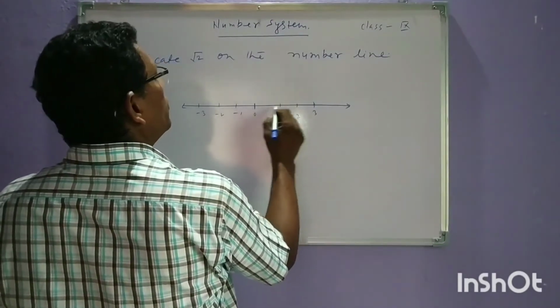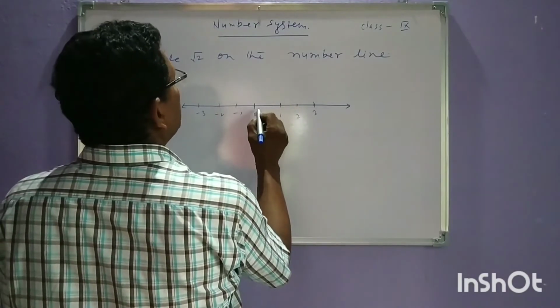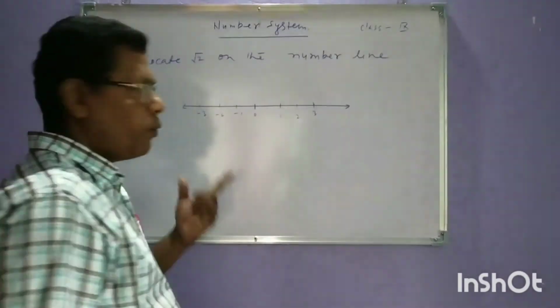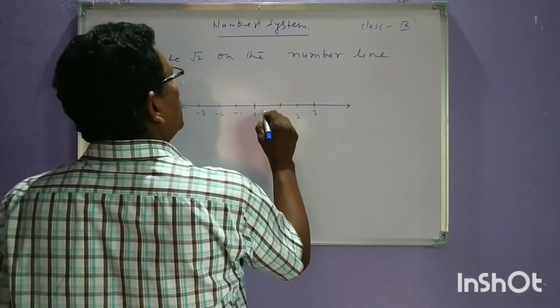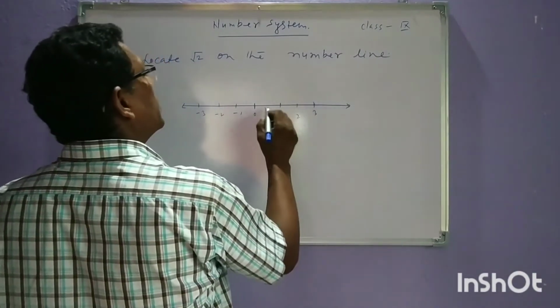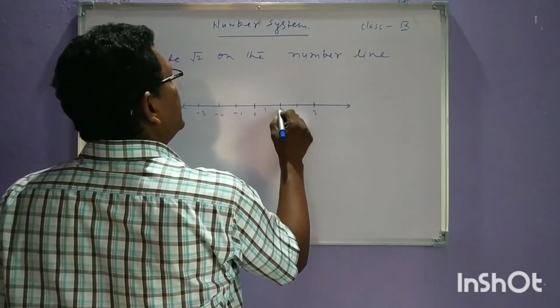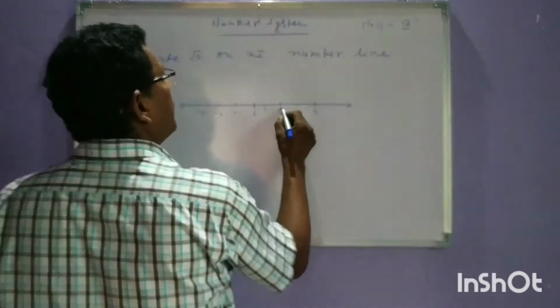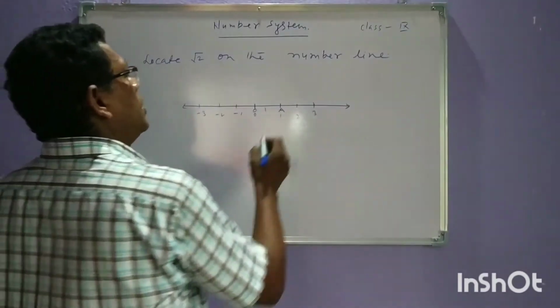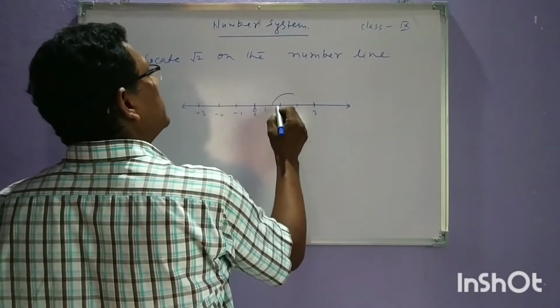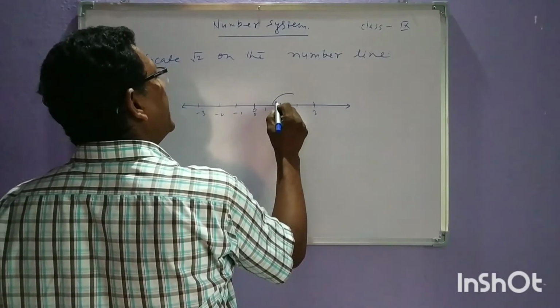From 0 we take unit length. I mean to say 1 centimeter or 1 inch, whatever it may be, I am taking here 1 unit. This is point A and this is point O. We make an angle of 90 degrees at point A.